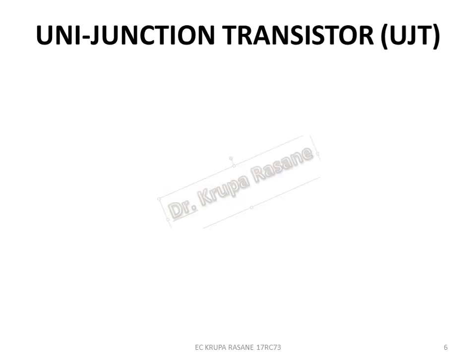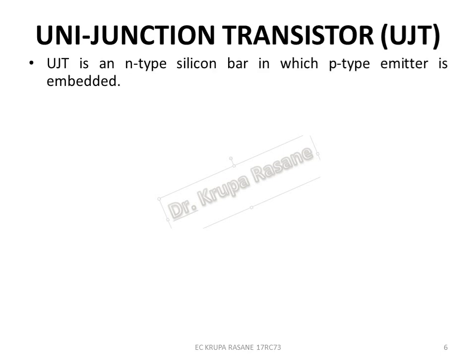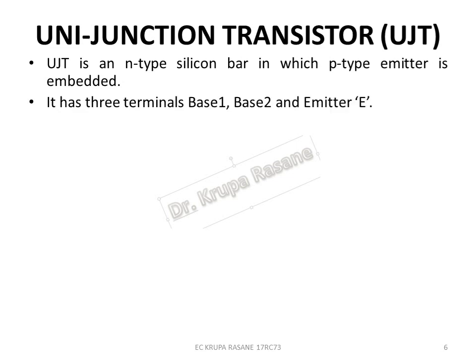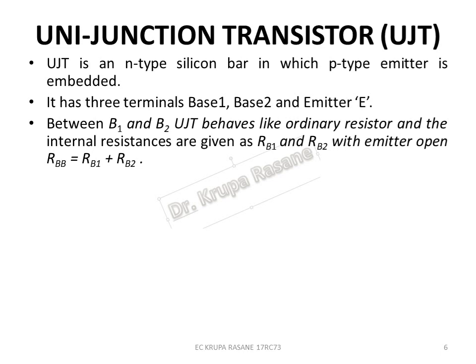Let's go through it again a bit. UJT is an N-type silicon bar in which a P-type emitter is embedded. It has three terminals, base 1, base 2 and emitter E. Between B1 and B2, UJT behaves like an ordinary resistor, and the internal resistances are given as RB1 and RB2 with the emitter open.